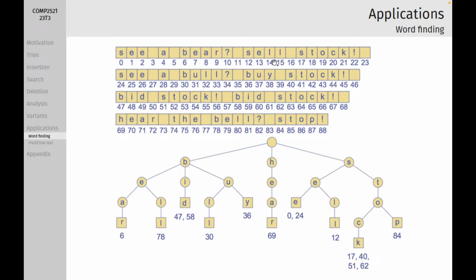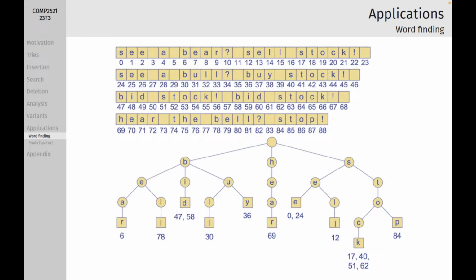Then what we would do is search for the word stock in the trie. So STOCK. And at this node, we would also store additional data which tells us where the word appears. So in this node, we would have the indices 17, 40, 51, 62. That tells us the word stock appears at these indexes. So 17, 40, 51, and 62.